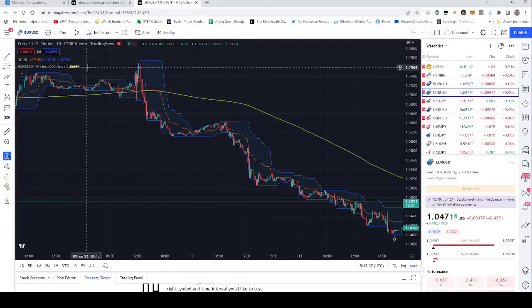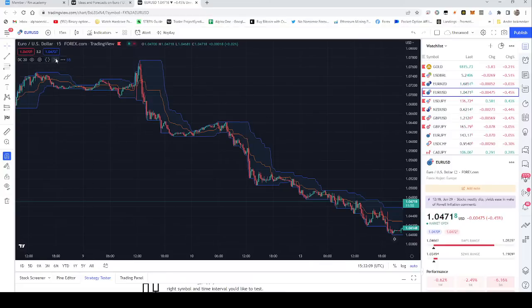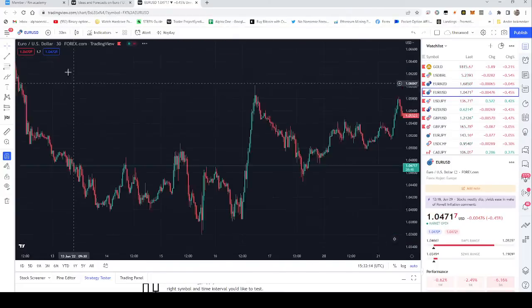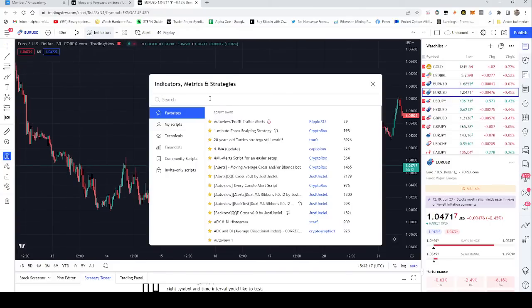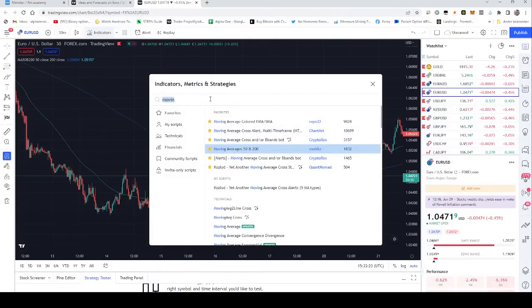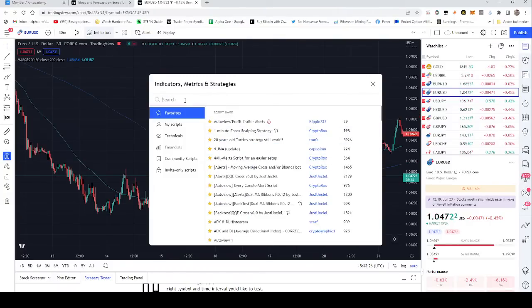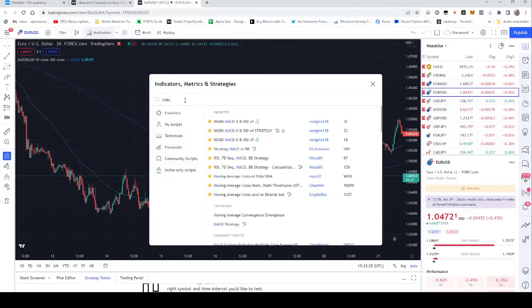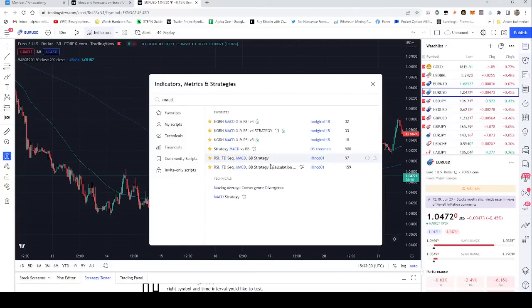So now we are going to talk about MACD. That's another strategy. This MACD we only use on 30 minutes. So like the other one, we're going to add a moving average, the same as last time. And we're going to add a MACD. What we want is a MACD cross.